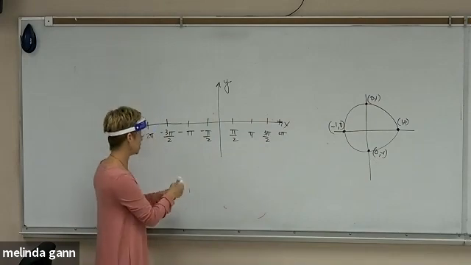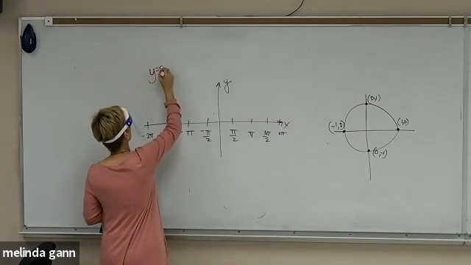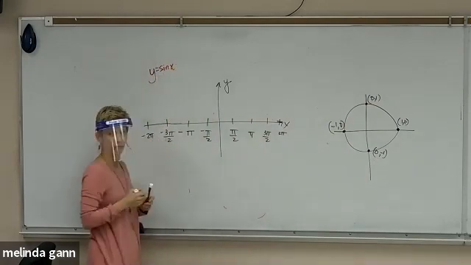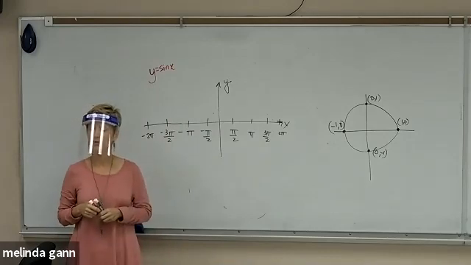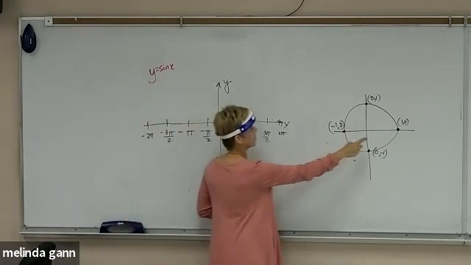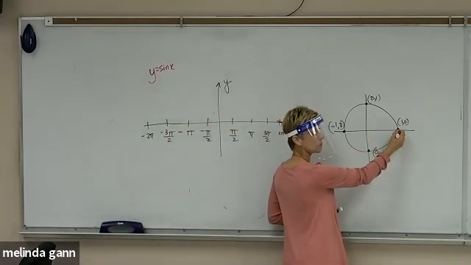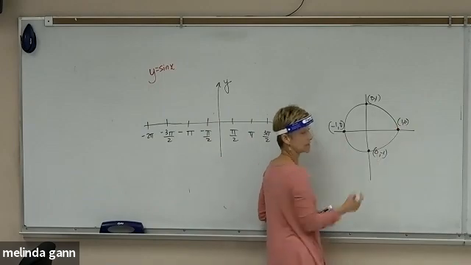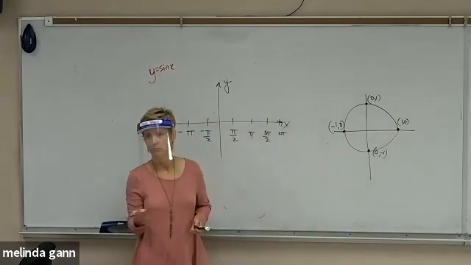Now, I'm going to do y equals sine x. Now, does sine depend on x or y? Y. All right. This is 0 degrees right here, isn't it? What's your y coordinate? It is 0. So what's the sine of 0? 0.